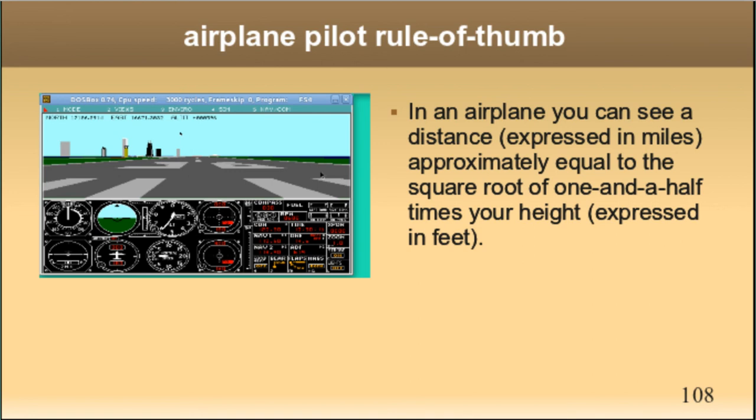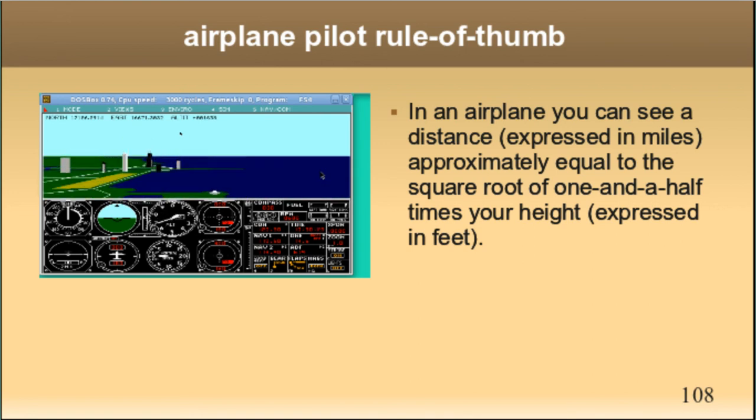In an airplane, you can see a distance expressed in miles approximately equal to the square root of 1.5 times your height expressed in feet. Now this is not the Pythagorean theorem. This is an old airplane pilot rule of thumb.